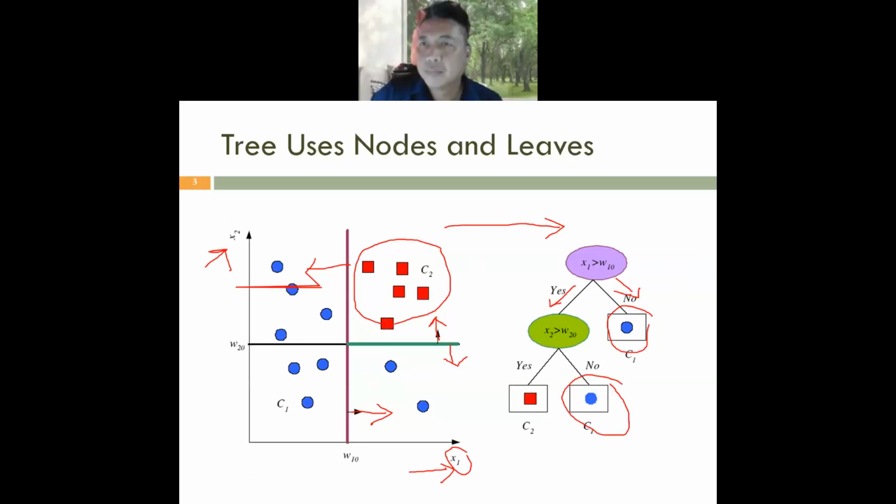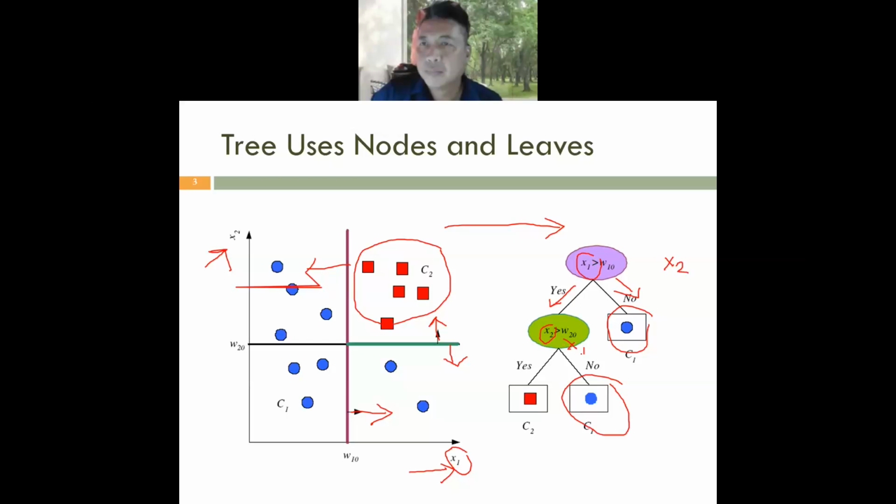So how do we actually split the data? How do we use the attribute to split the data? What is the best splitting? Sometimes, if you notice that we are using x1 first and then x2, why not we use x2 first and then here we use x1?